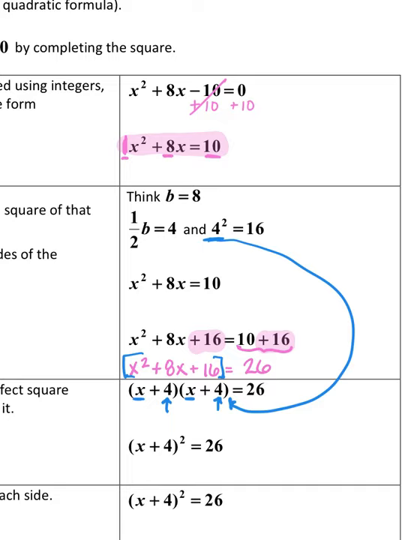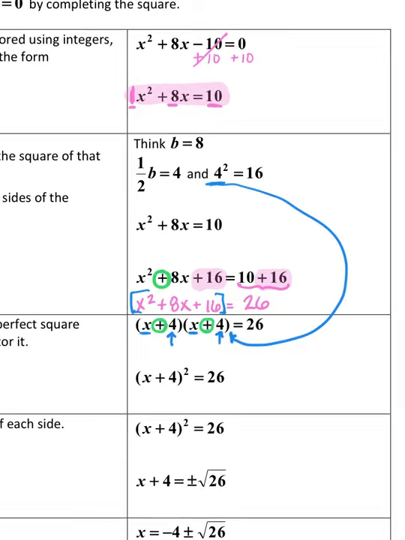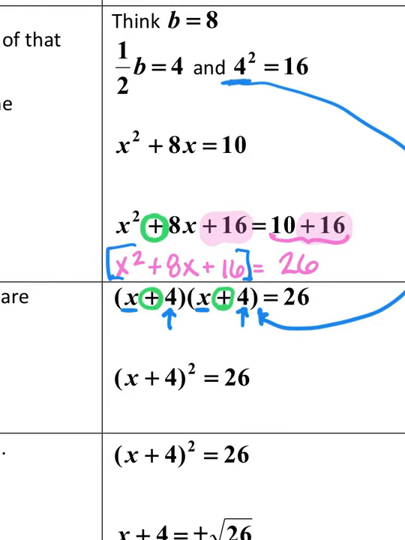So no matter what, that number is going to be half of b. Now, to determine if you're going to have a plus or a minus, you're going to look at what comes right before b. So in this case, it's a plus. So both have a plus. Okay, so now what you have is basically x plus 4 squared equals 26.